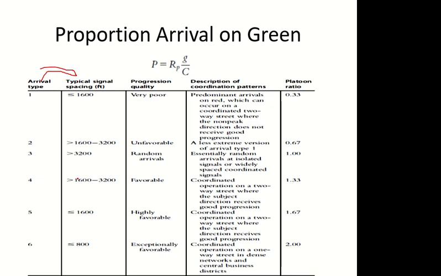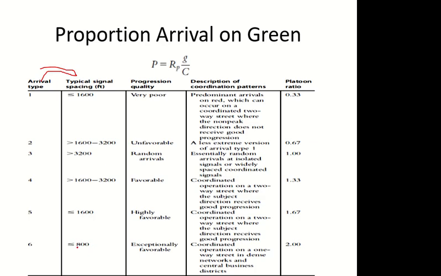In the last 3 we have the same things: signals close, somewhat close, very far, but the arrival type is coordinated. So the first 3 are random arrivals and the last 3 are coordinated arrivals.